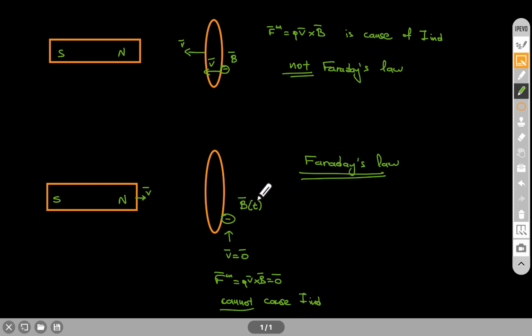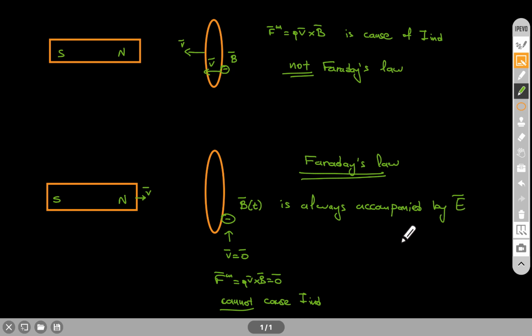Now, when we have a magnetic field that changes as a function of time, this is always accompanied by an electric field.